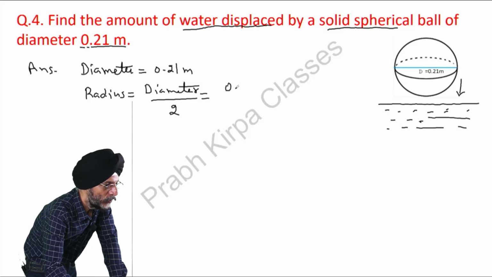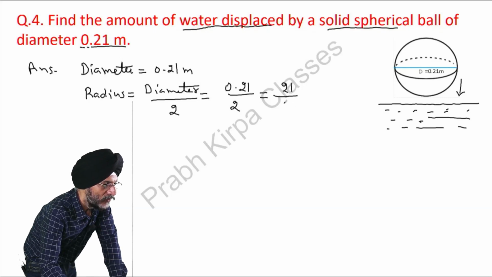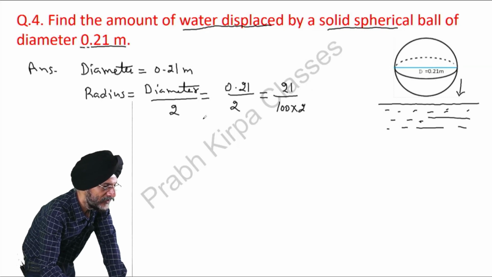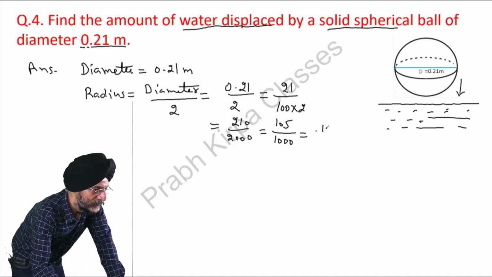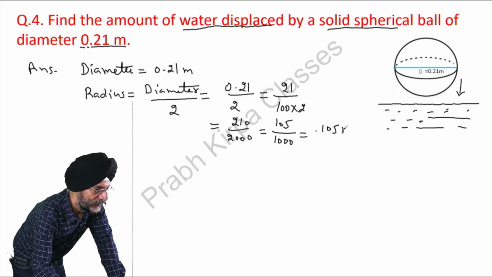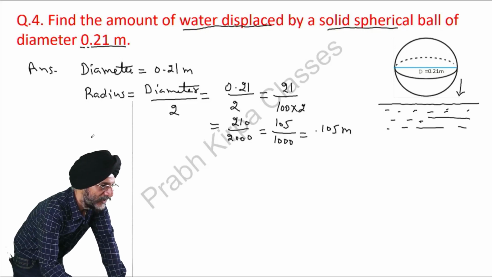What is diameter? 0.21 over 2, or we can say that it is 21 over 100 into 2, or we can say that it is 21 over 200, or we can add 0 here also, and it will come as 105 over 1000, or we can write it as 0.105 meter. This is the radius.